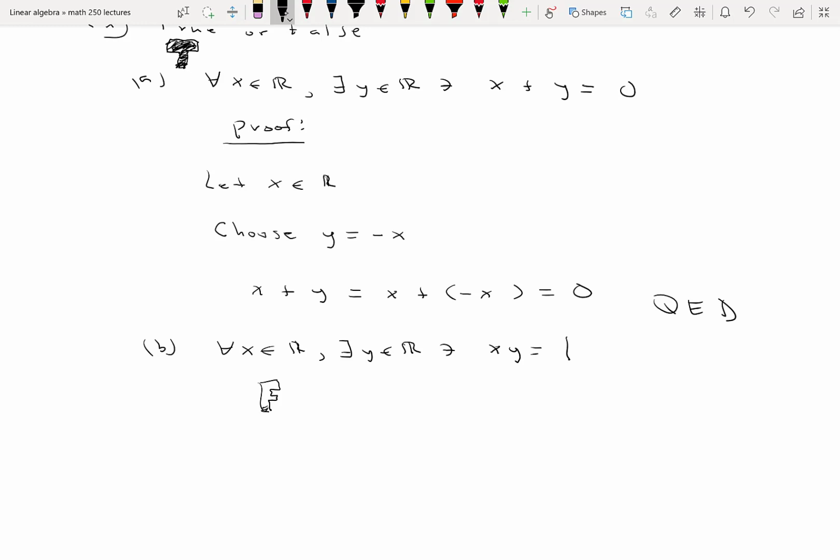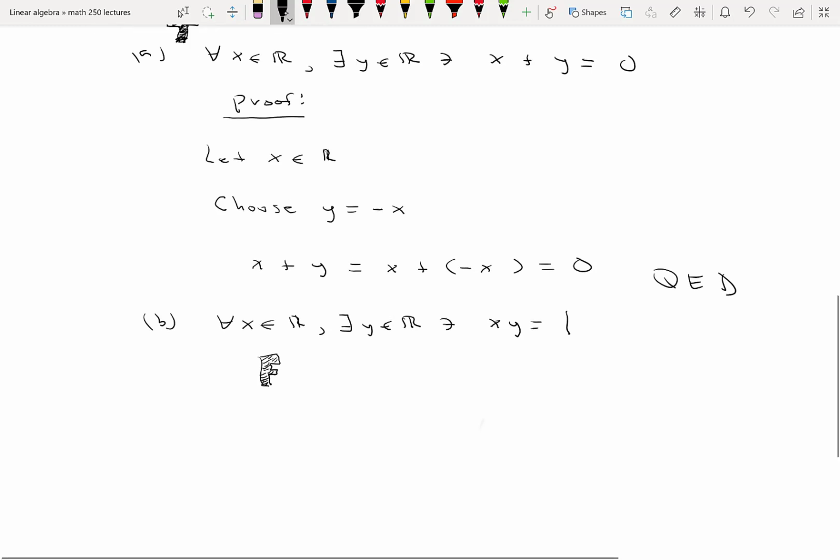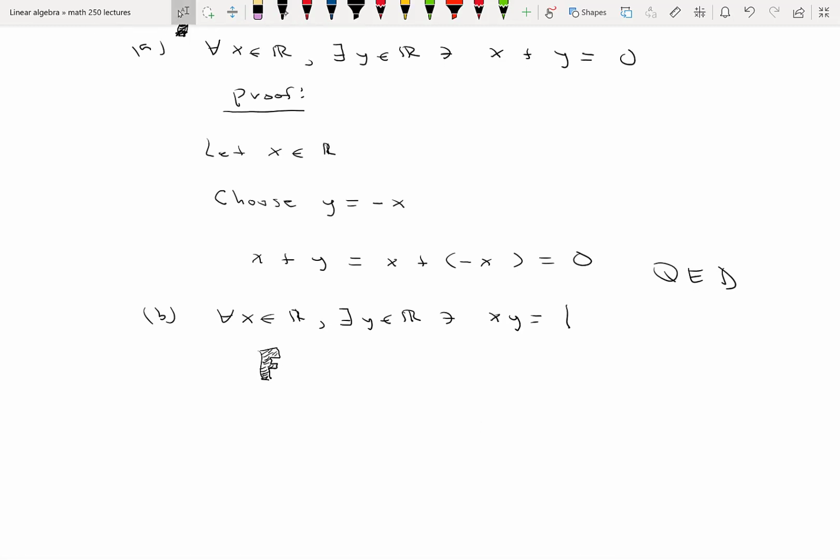False. Why? This is saying every real number has a reciprocal. No. Which real number doesn't have a reciprocal? 0. So the statement is about for every x. I claim that this is false, so there must be an x for which this is false. So let x equal 0. If the statement is supposed to hold true for all x, then it needs to hold true for x equals 0.